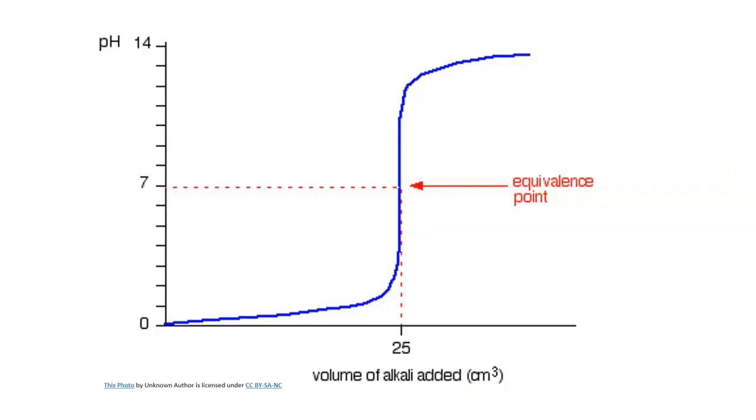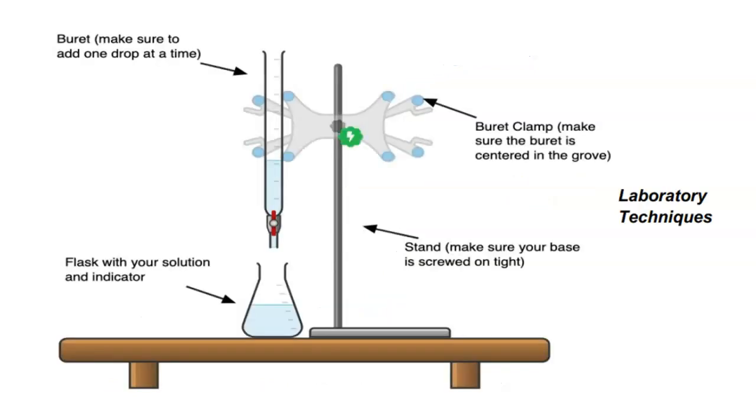Okay, it rises really sharply. Let me show you. The pH at half equivalence can be used to identify the unknown weak acid. Okay, the equivalence point occurs at the midpoint of the region where the pH rises really, really fast, and you can see that on this graph.